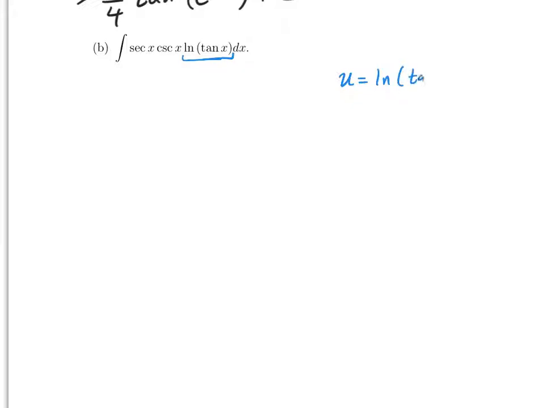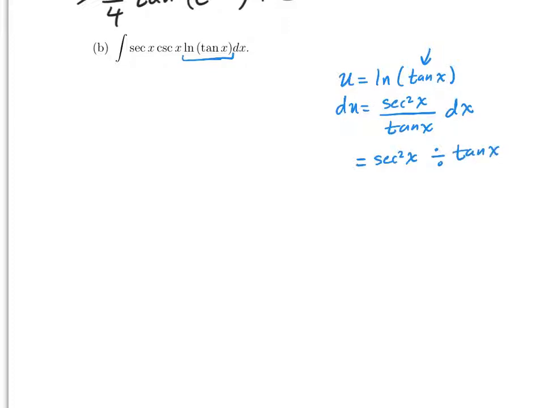Then the derivative, again from what we did at the beginning of the class, is the derivative of the top. The derivative of tangent is secant squared x over itself, dx. Then if we do a bit of algebra, this is secant squared x divided by tangent x, and forget about the dx for now.